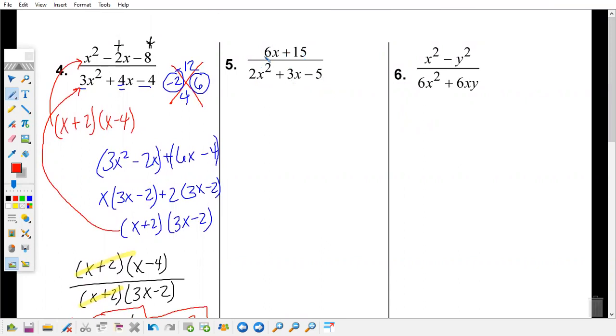Here we go. So again, factoring. Factor the numerator. The numerator is just GCF, right? And what's the GCF? 3. So that leaves us with x plus 2 times x plus 5. Let me rewrite that.